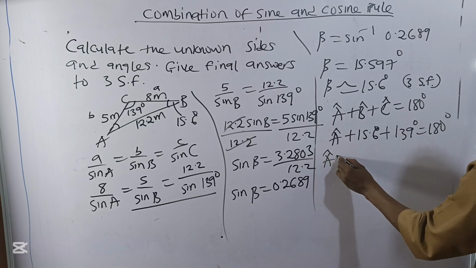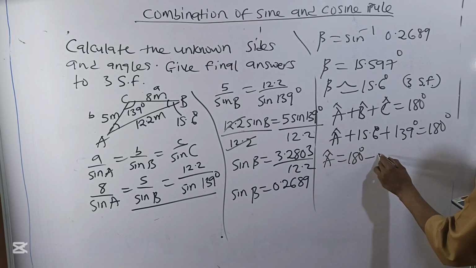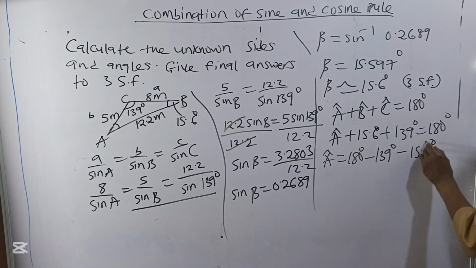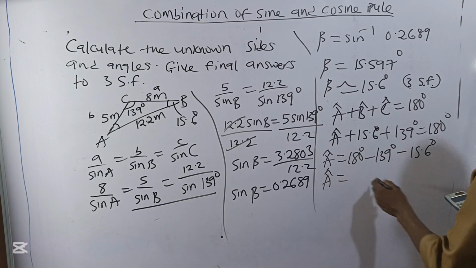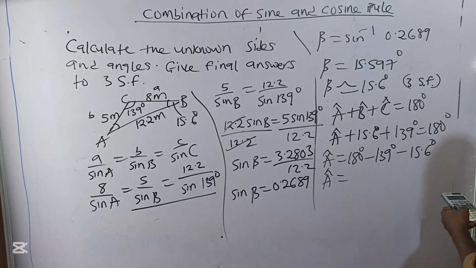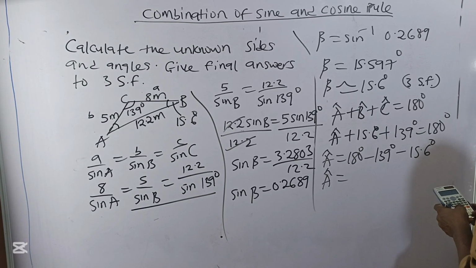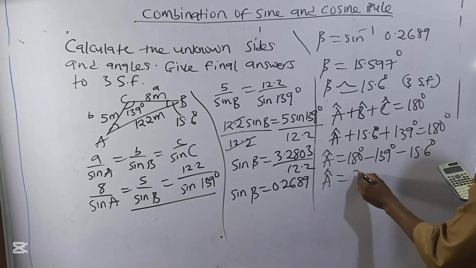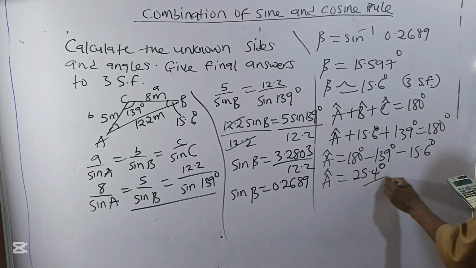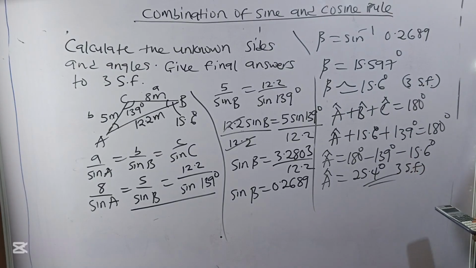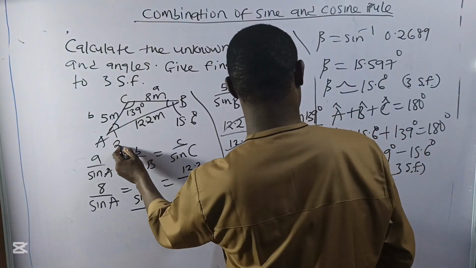And my angle A will be equal to 180 degrees minus 139 degrees minus 15.6 degrees. And my angle A finally will give me 25.4 degrees to three significant figures.